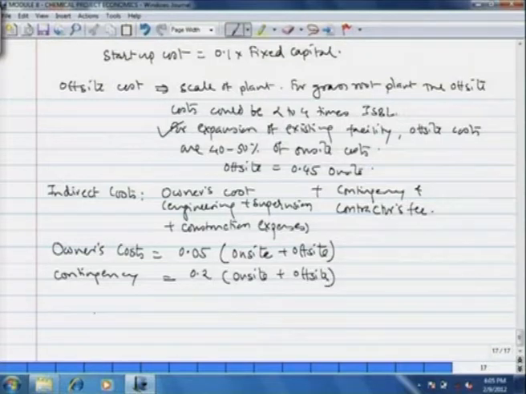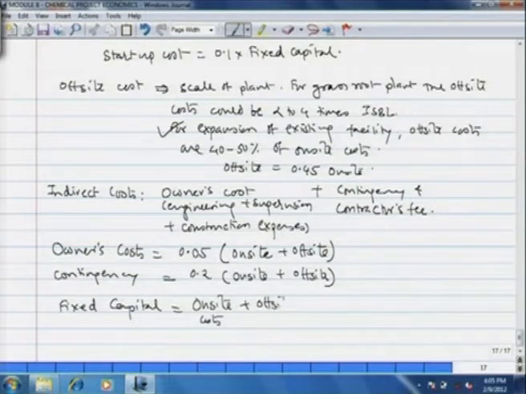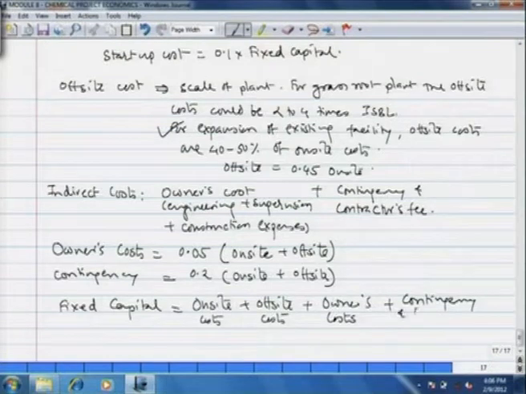Okay. Now, with this approximation, we can write that fixed capital is equal to on-site cost plus off-site cost plus owner's cost plus contingency and contractor's fee, and this typically is 0.2 times on-site plus off-site.